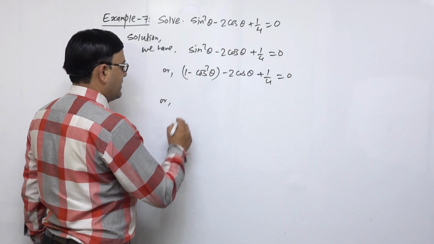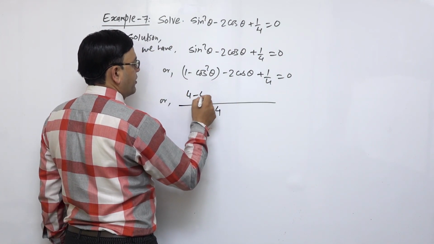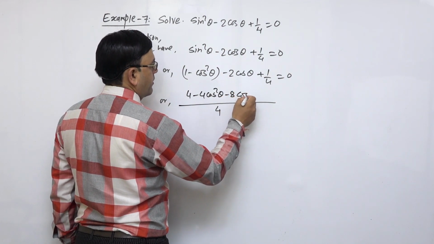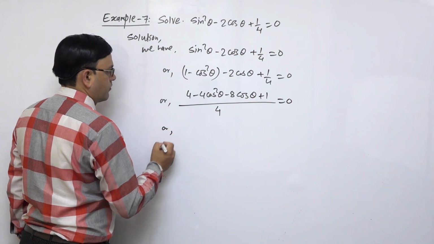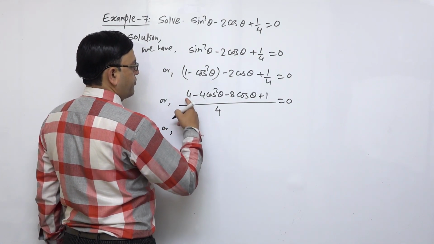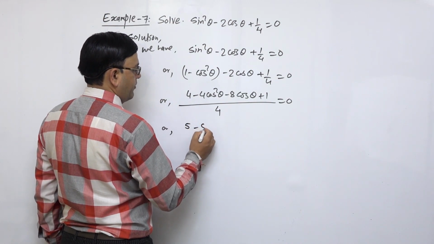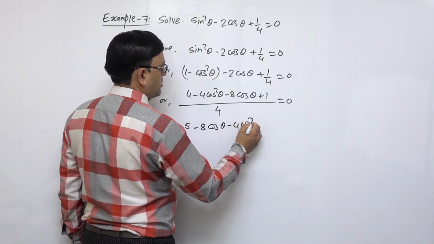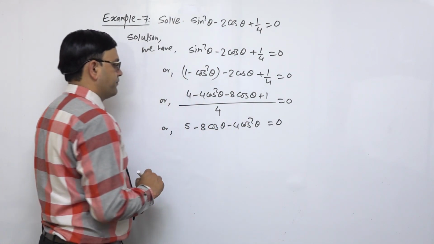So 4 is the LCM. By multiplying, 4 minus 4 cos square theta minus 8 cos theta plus 1 is equal to 0. Or here 4 plus 1 becomes 5, minus 8 cos theta minus 4 cos square theta is equal to 0, since 4 times 0 is also 0.